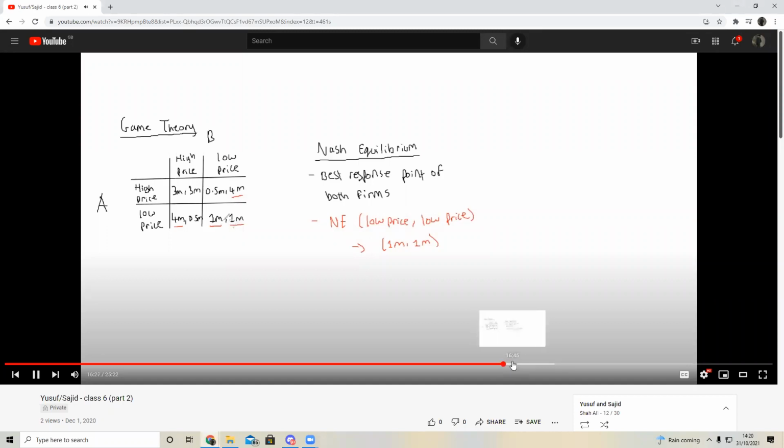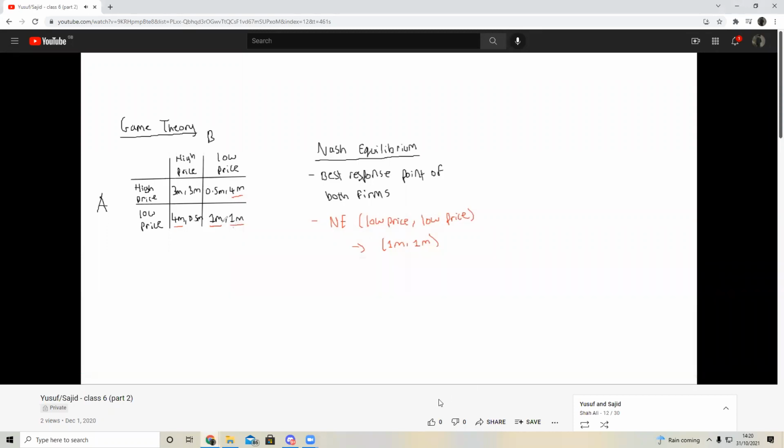Because if one of them deviates, say firm B is paying a low price, then firm A is not going to... So basically, if we take any point apart from 1 million, 1 million, then one of them is going to deviate, right?